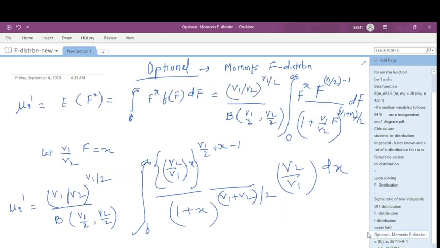Okay, so again the moment of order r about the origin is E of F to the power r. We know this: integration from 0 to infinity of F to the power r, where F is the Fisher variate, dF. Now we have put the probability density function of the Fisher variate here, which we saw earlier.